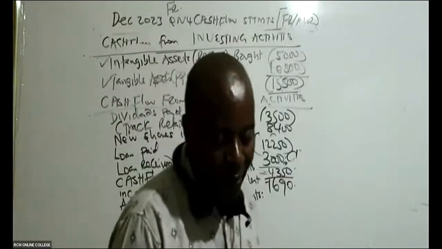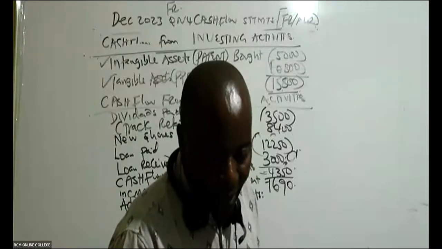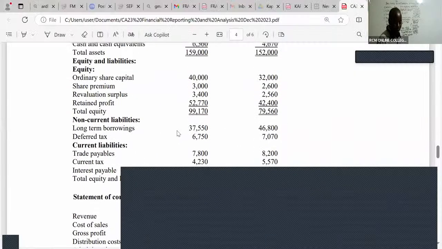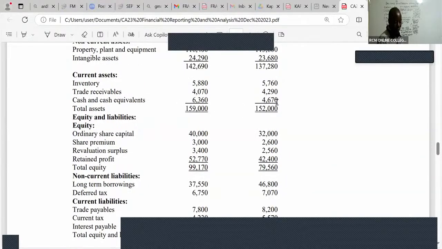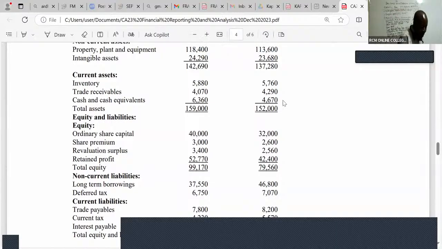Go to your balance sheet. In your balance sheet, what are you able to see as your cash? You can see cash and cash equivalents brought forward. It is 4670. So can somebody add for me this figure?